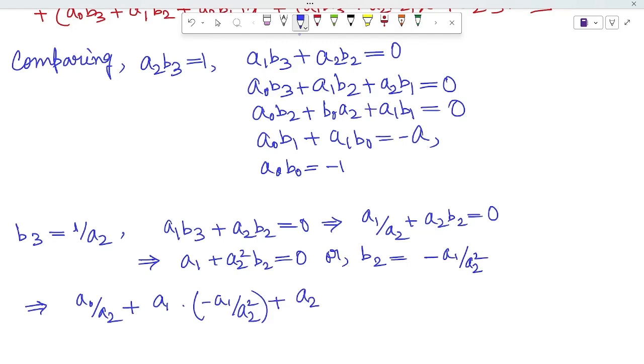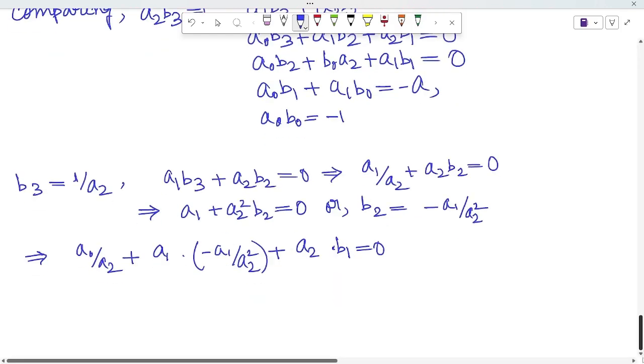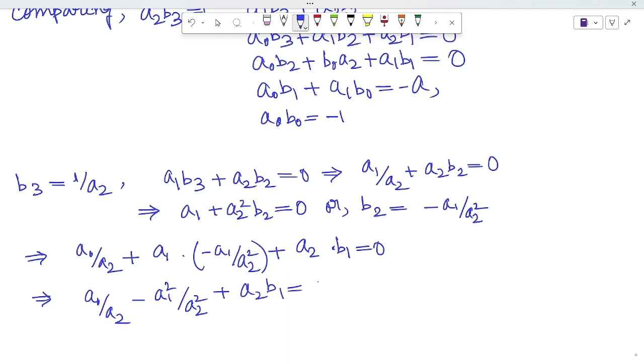B1 is not known, I need to find out. That will imply A0 by A2 minus A1 square by A2 square plus A2 B1 is 0. What is B1 then? B1 will be divided by A2, 1 by A2.